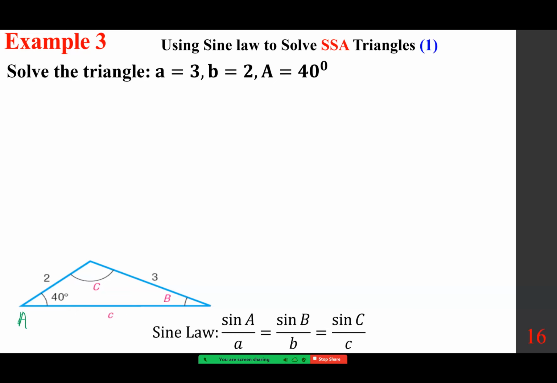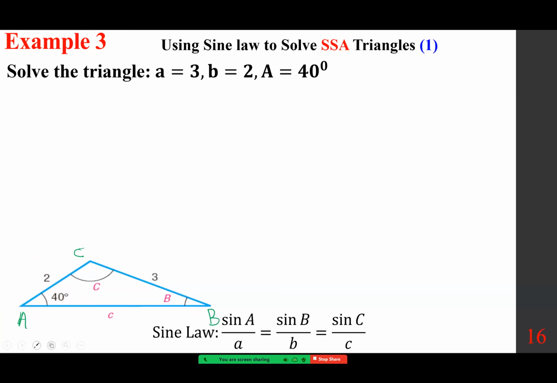Let me call this A. This side is given as b, but let me just write it underneath. And this side is written as c, as you can see, but let's write next to it. So A, B, C, where A is 40 degrees.